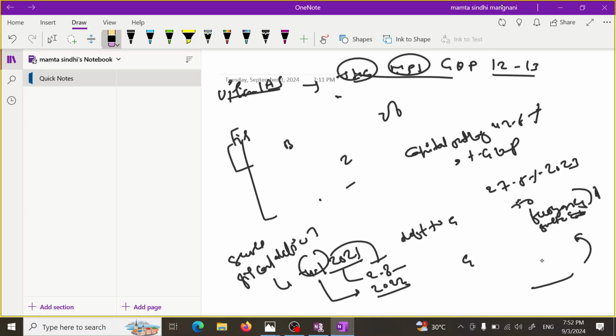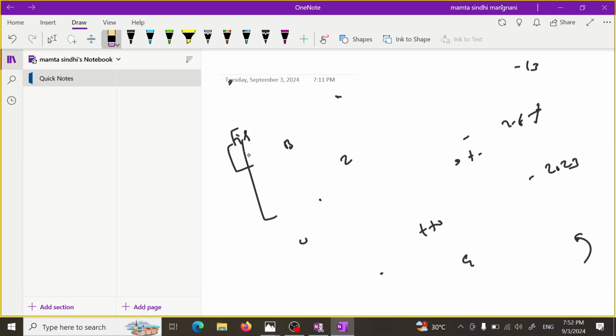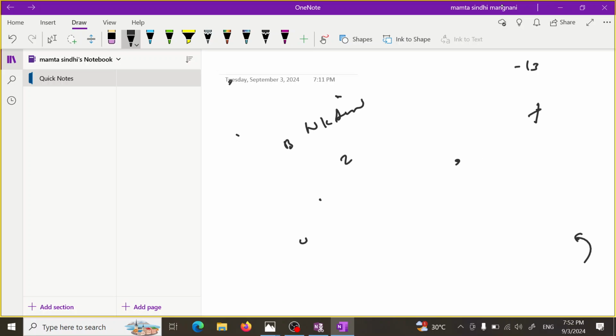Okay, now next one, which we also discussed yesterday. Now next one is the NK Singh committee. This NK Singh committee recommended that debt to GDP ratio should be 60%, that is 40% for the center and 20% for the states.